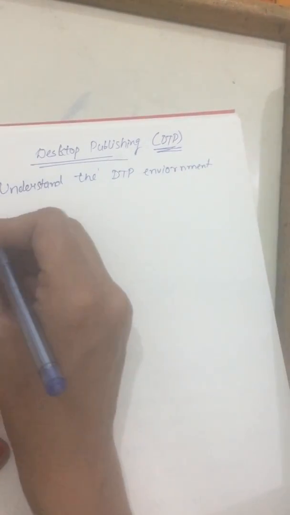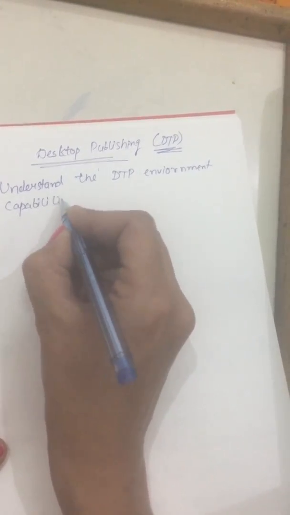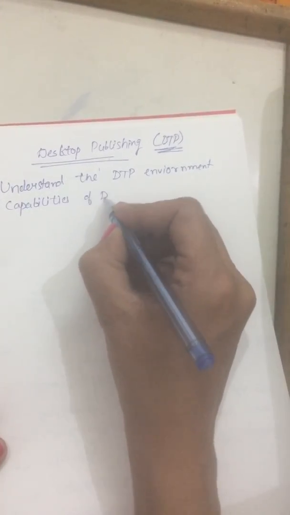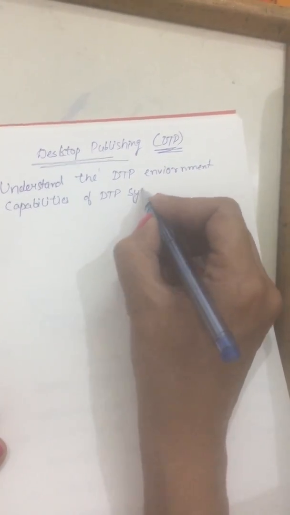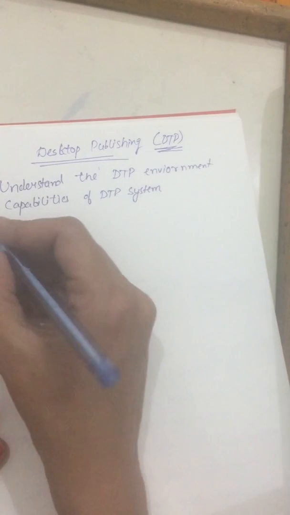Okay, and second is the capabilities of the DTP system. What are the capabilities? How capable it is, capable for what?